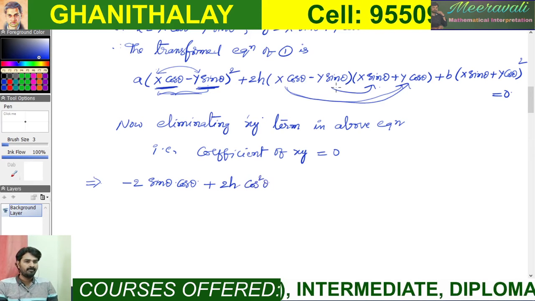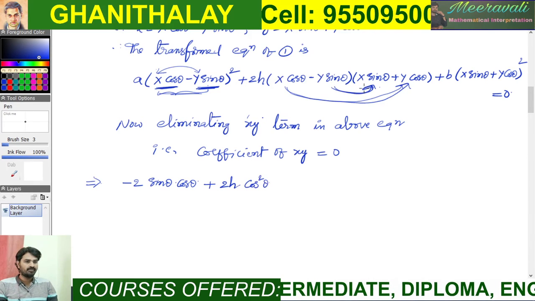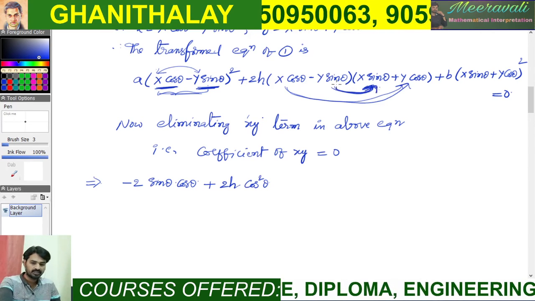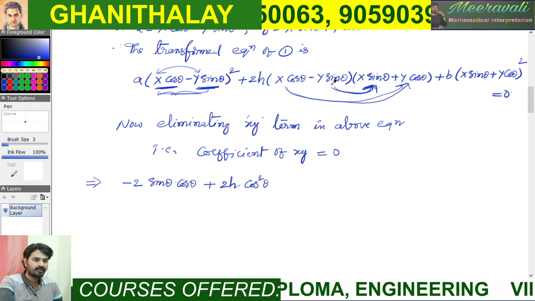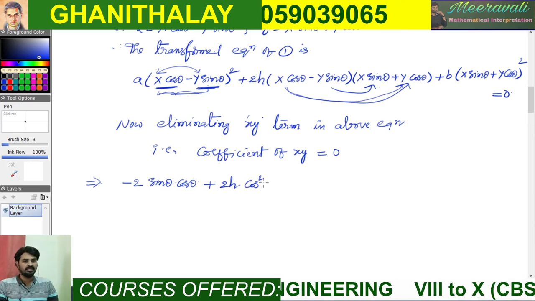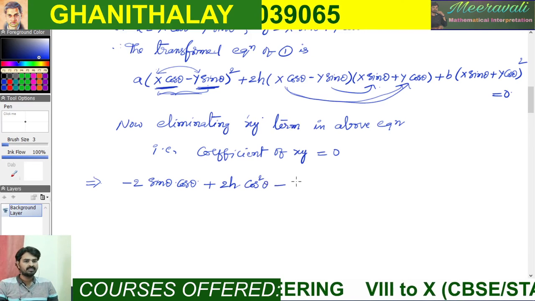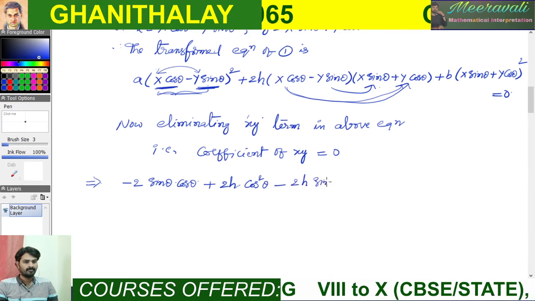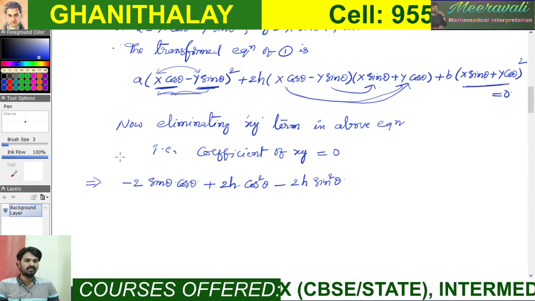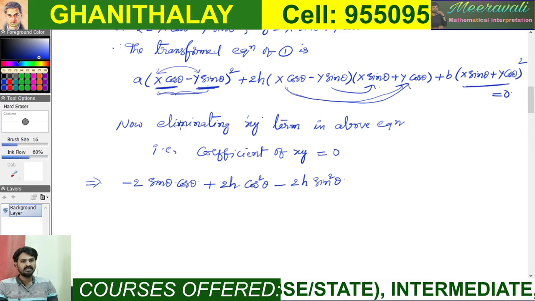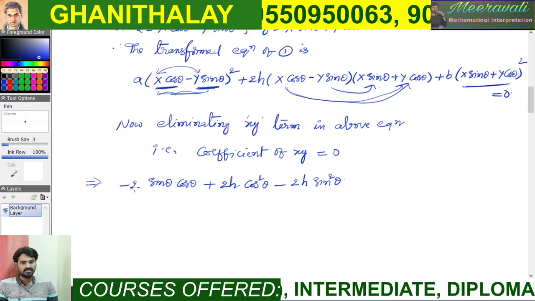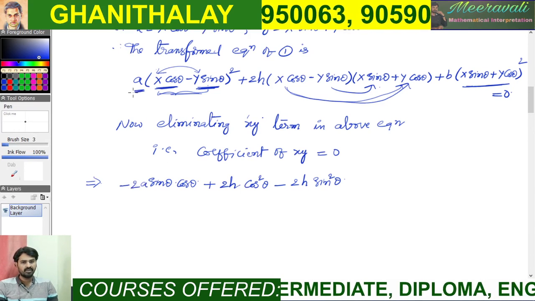Next, the xy obtained from Y sin theta and X sin theta product is minus xy sin square theta, so the coefficient is minus 2h into sin square theta. In the same way, the first term also has a as the coefficient, so it is minus 2a.